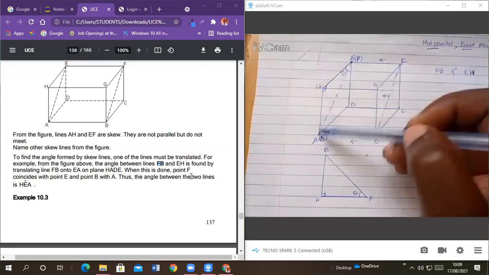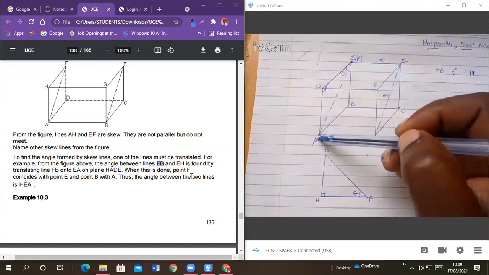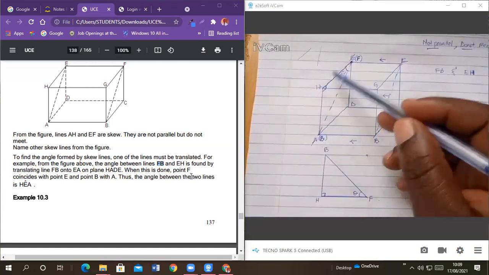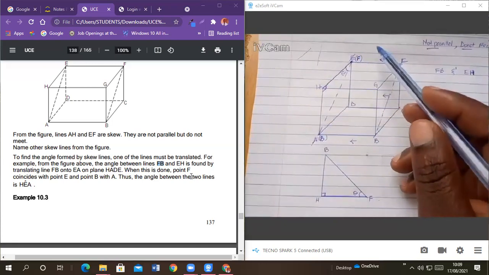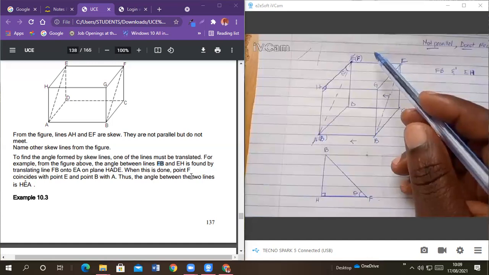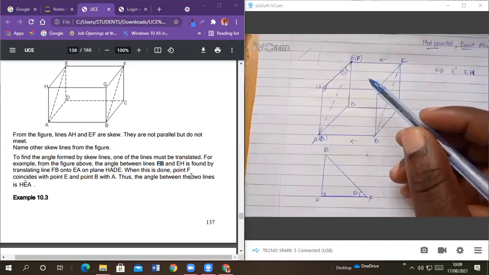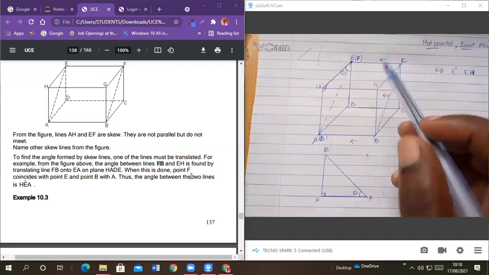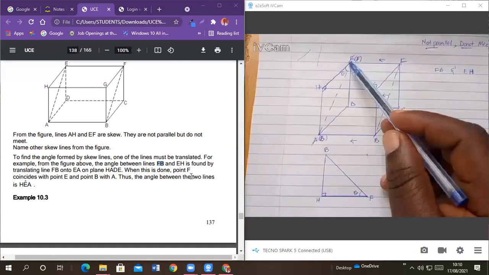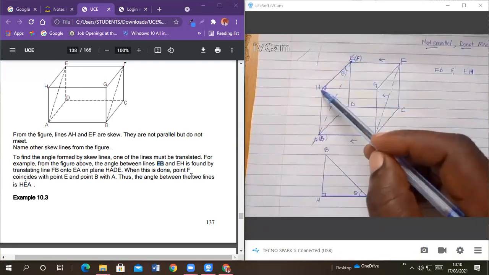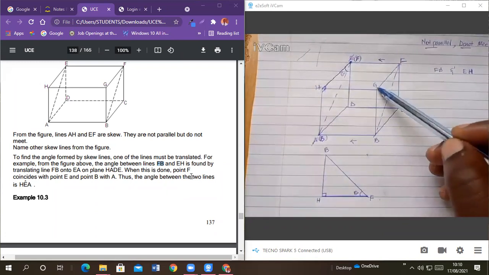You can have HEA if you leave E and A there, or you can have HFB. Teacher, yes, Patricia. That means you can also shift the right hand side? Yes, you can also shift HE and put it at GF.